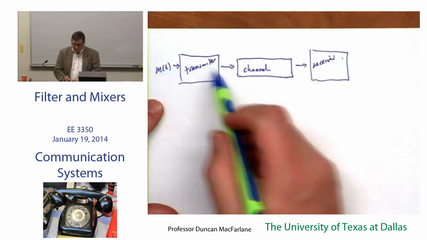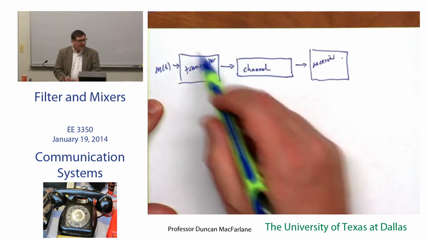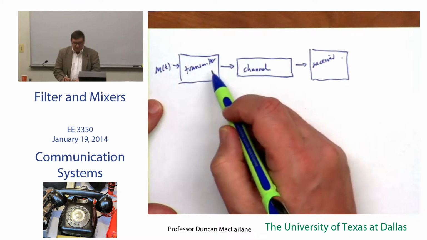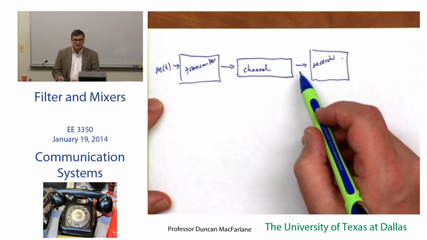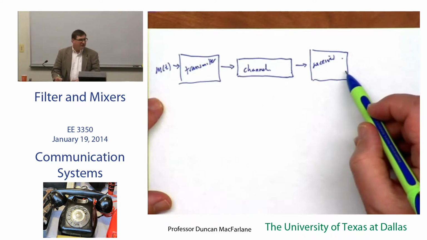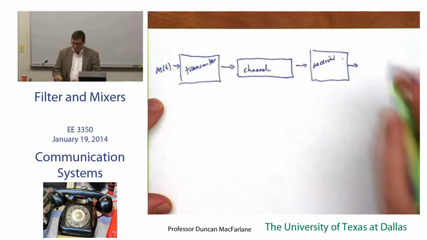And so this m of t goes through the transmitter. It's converted into a form that will travel nicely through the channel. It's received and converted back to the message signal.